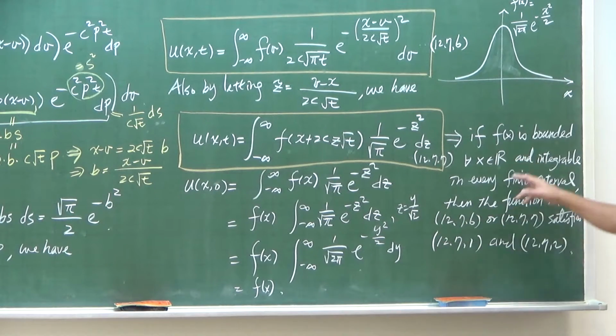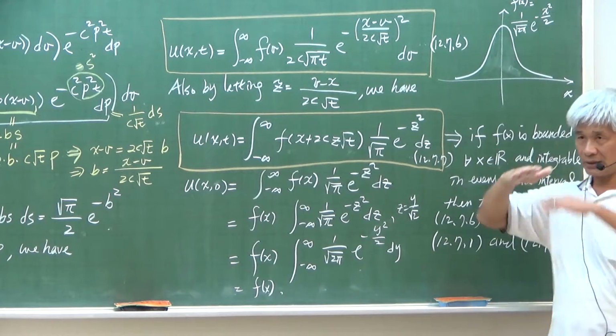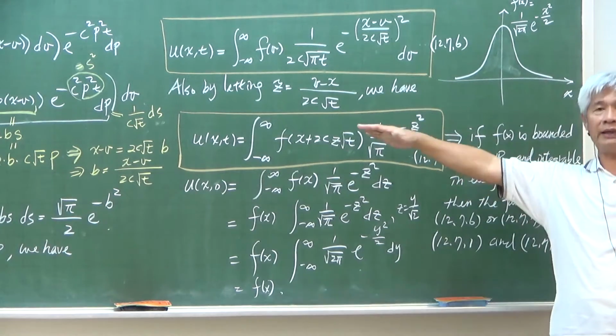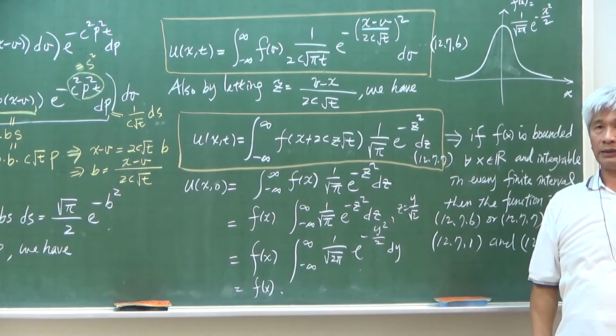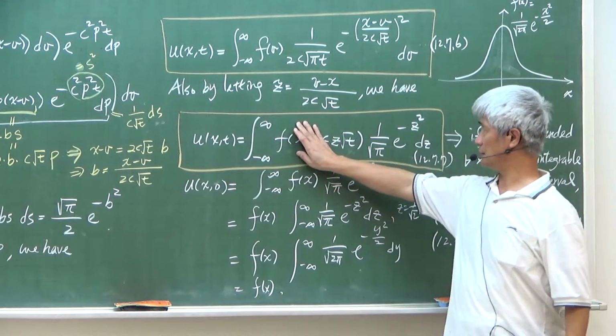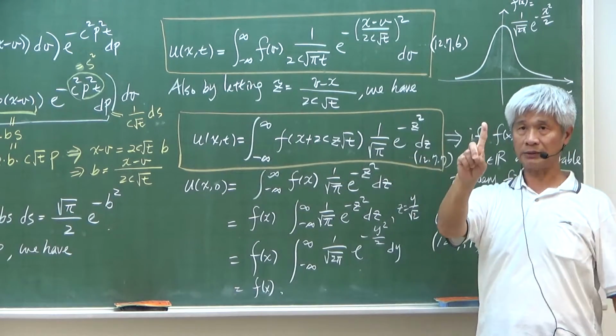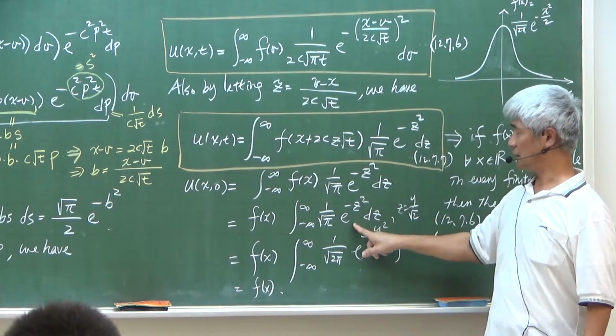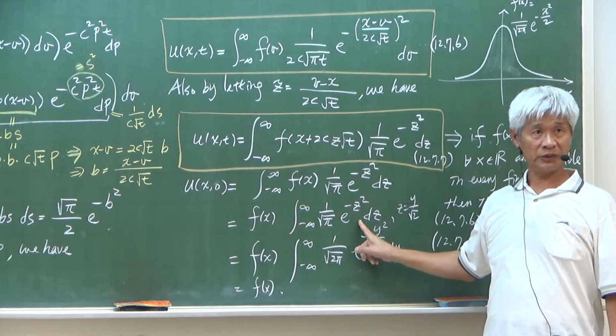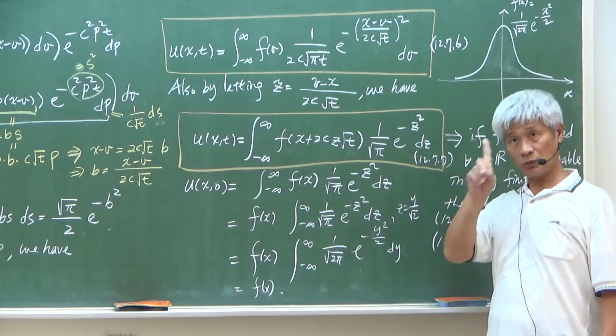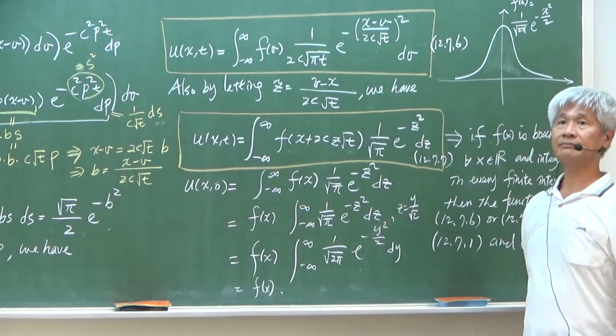This is very practical, and I just demonstrate one situation: if f of x is constant, just a constant temperature, say 1, you pick it out, and then the integral is equal to 1 because it is the integral of the standard normal distribution. So that's fine.